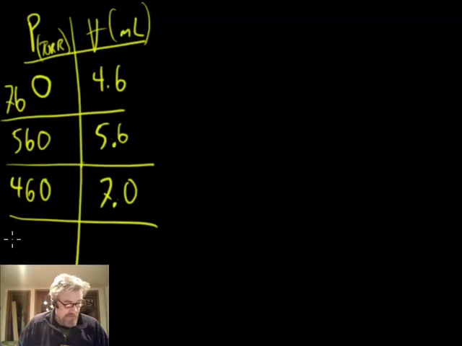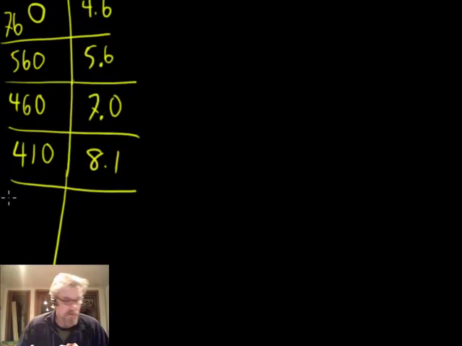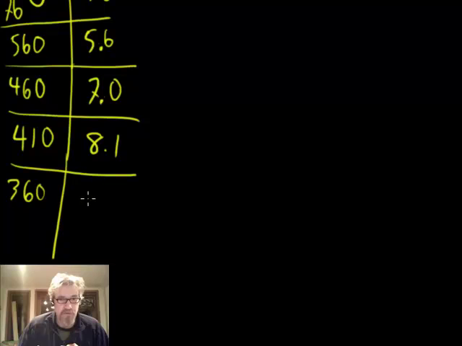At minus 350, which would be 760 minus 350, is 410 millimeters of mercury, or 410 torr of pressure, the volume was 8.1. At minus 400, or 360 torr of pressure, 9.0.